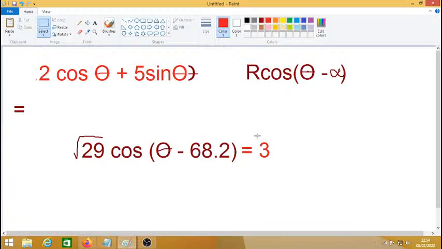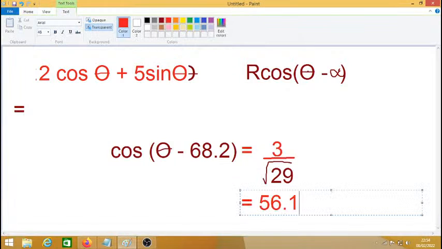All we're going to do, let's make a little bit of space, we'll take the root 29 over to the other side, or whatever number happens to be there. So that's a fraction now, and all I've got is cos, so I can just inverse cos. If I inverse cos 3 over root 29, I'll get 56.1 degrees.